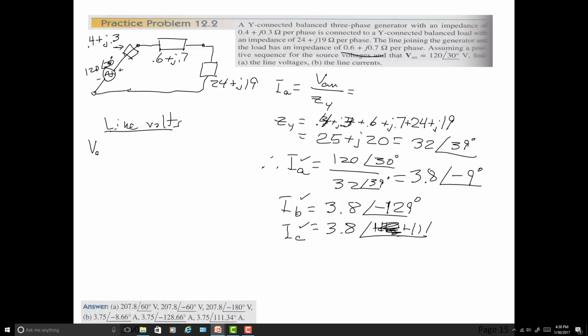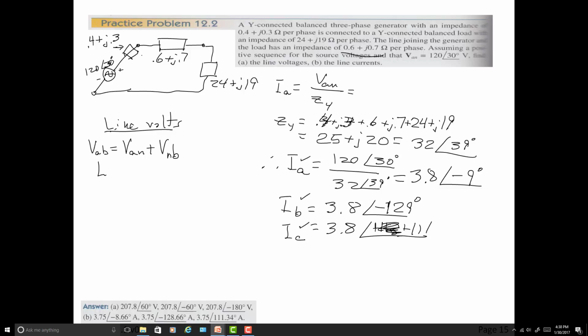Remember, I'll just reiterate them here. VAB is VA to N plus V N to B, and we go through all that bit. But we got from all of that the line voltage, the voltage across the line, and we're talking now line to line. You have to get your mind off of this simple circuit.